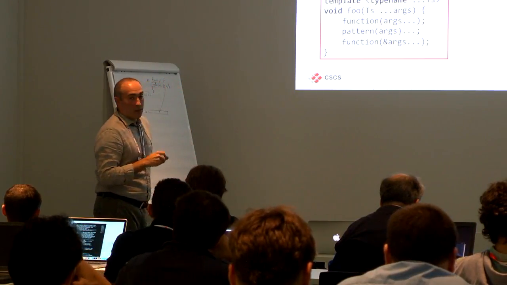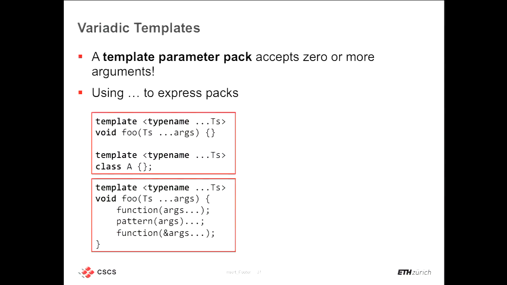Now you can use the 3 dots also for templates. And the syntax is like this: if I want a variadic template version of my foo function, I have typename ... Ts. I use the S here to specify that there is more than 1.